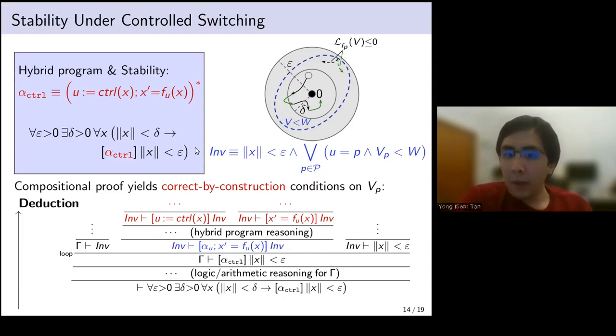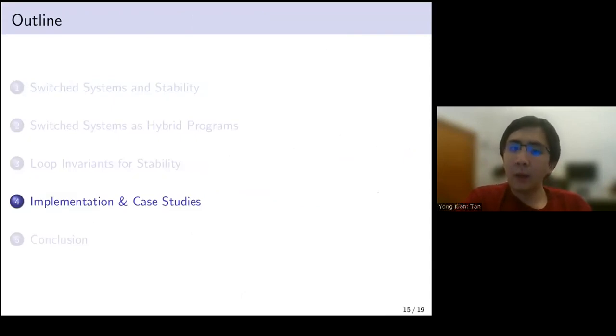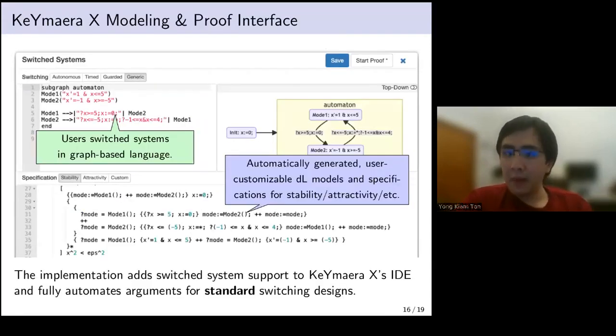We can do a very similar thing with the deduction, again using a loop invariant to tie together reasoning about stability with hybrid programs and arithmetic. Importantly, we can derive correct-by-construction conditions that need to hold on the Lyapunov function, even though this control mechanism can be non-standard, not one of the ones for which we a priori know the conditions.